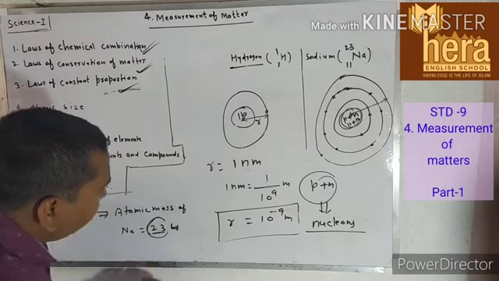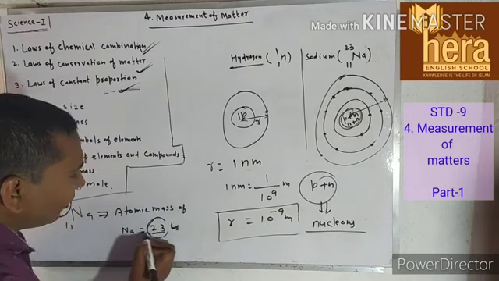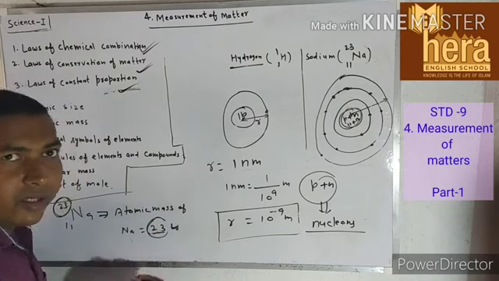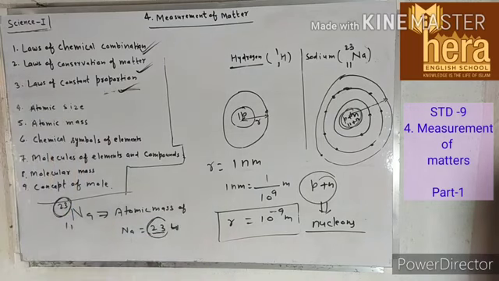We write 23 U, and U is the unified mass, and it is known as Dalton.